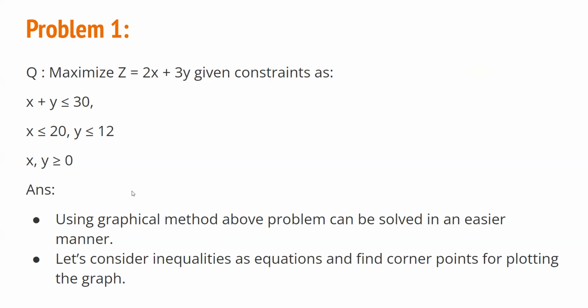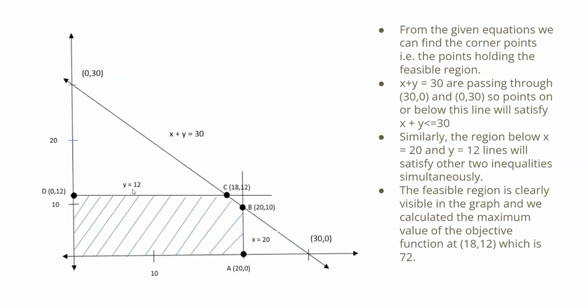Now in the graphical method, you need not do much hassle. You just need to identify the corner points first for plotting the graph. Now, what are corner points? Corner points are nothing but the intersection points between the different lines which you can plot by considering the inequalities in the form of equations.